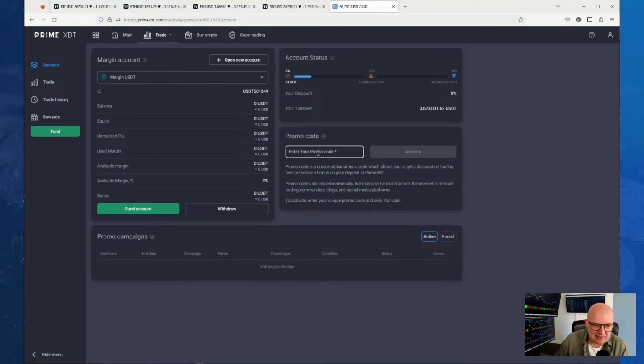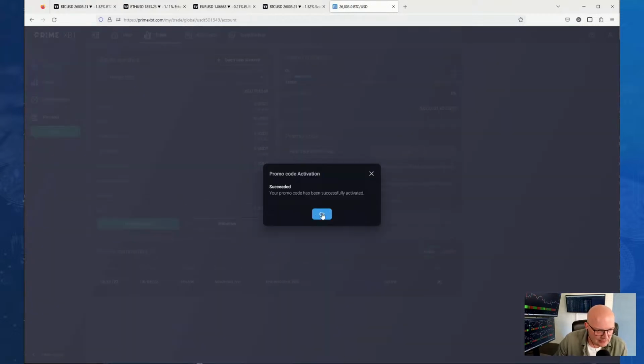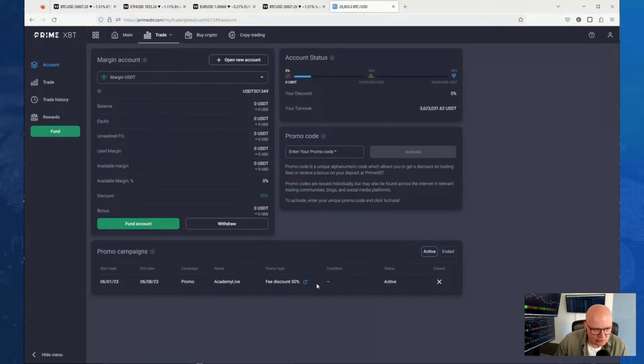If we want to catch swings of like 20, 30, 50 US dollars in Bitcoin, it's nice to pay even less than that. The promo code is, let's see, Academy Live, I think. You enter this here, click on activate, and then you can see I have a fee discount now, 50%.